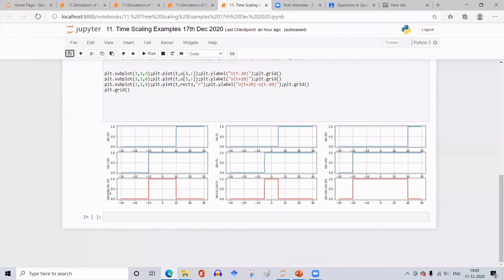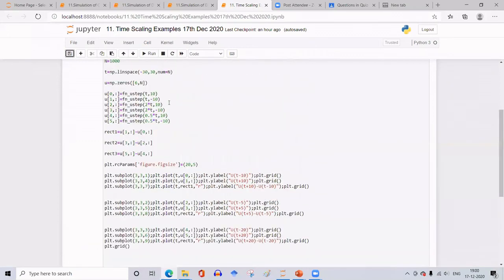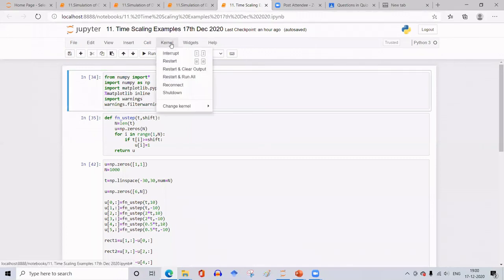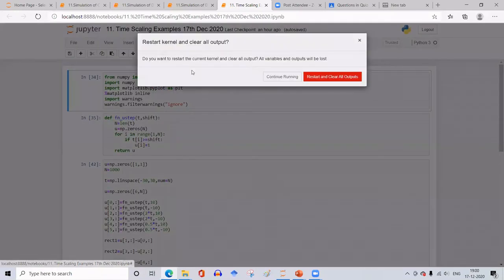Next, how to get these two? We shall see. So for this, I need a step signal definition. So as before, I imported NumPy, matplotlib, and also suppressed the warnings. So let me restart the kernel.